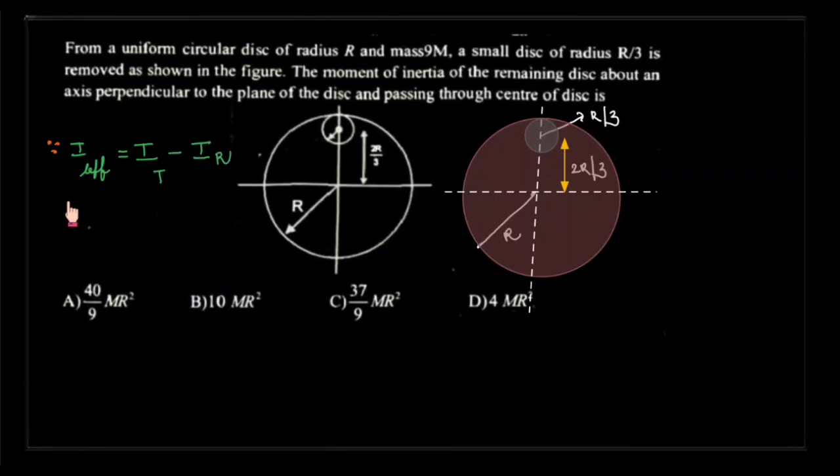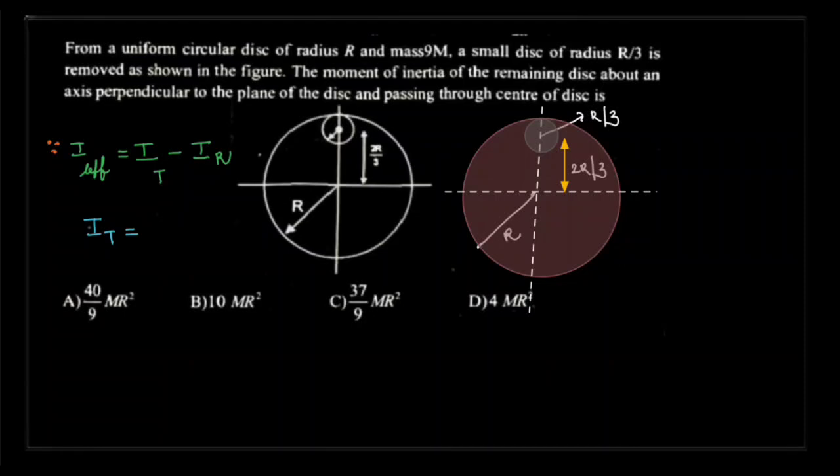So the moment of inertia of the total about this center can be written as, sorry, my mistake, the total body: M r square by 2.